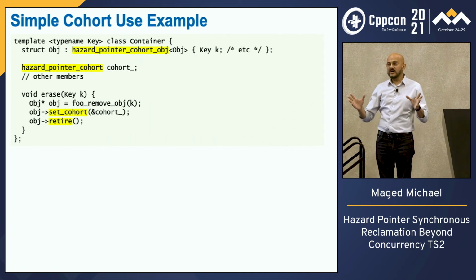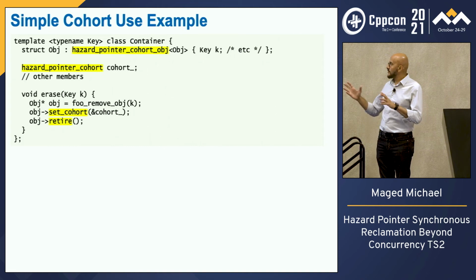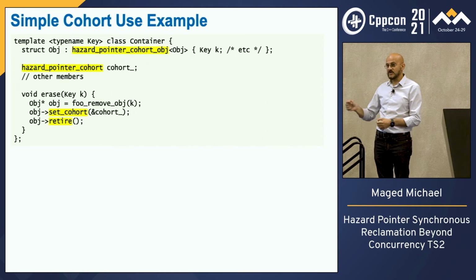Oh, if it doesn't belong, then that means we don't care about its synchronous reclamation, or we're going to use a global one. But I'm claiming that we can use cohorts to manage that synchronous reclamation.